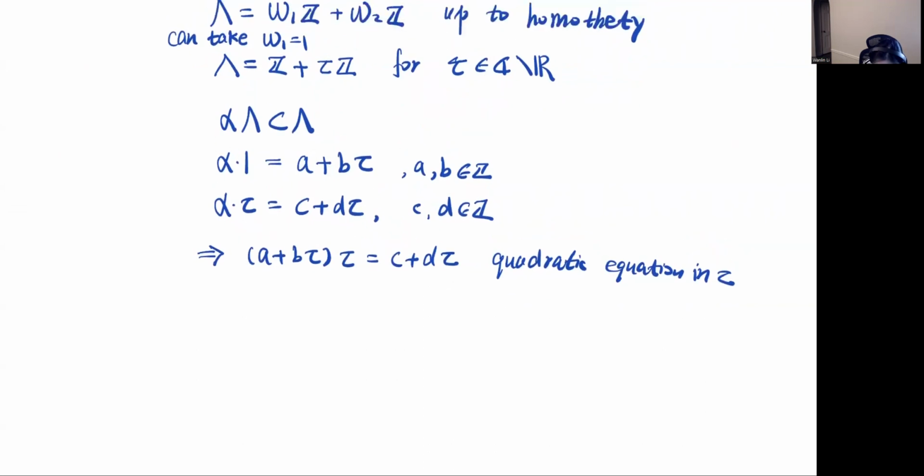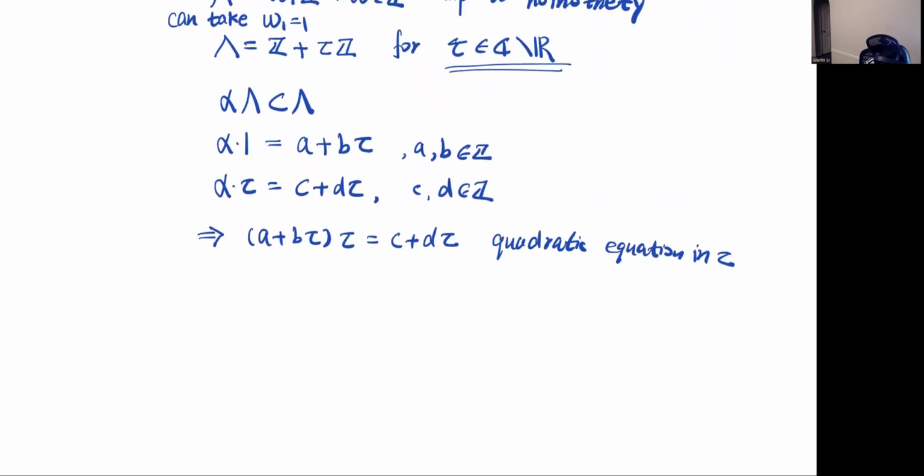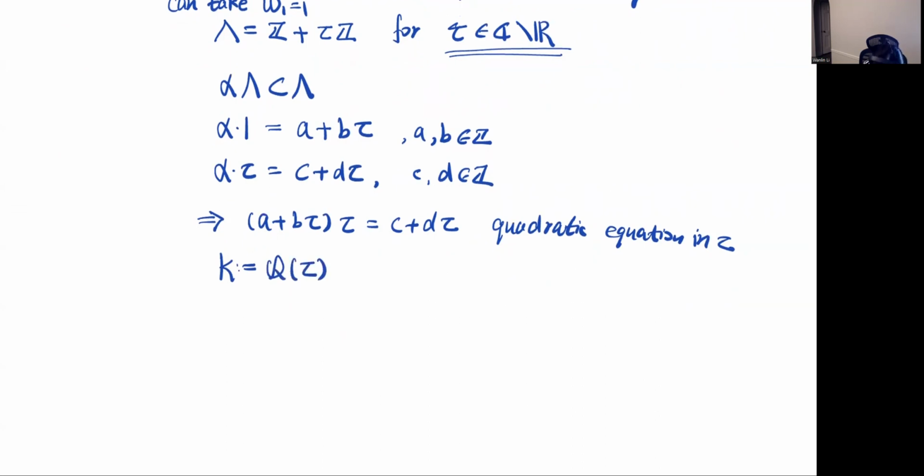Since tau generates a lattice, we know that tau is not real. So essentially, the imaginary quadratic field K we are looking for is Q adjoin tau. And then the order O is exactly the set of beta in K such that beta lambda is inside lambda, that is, the endomorphism ring.